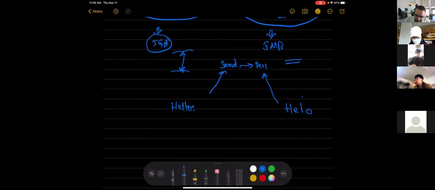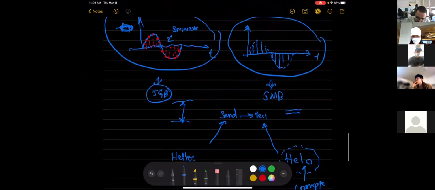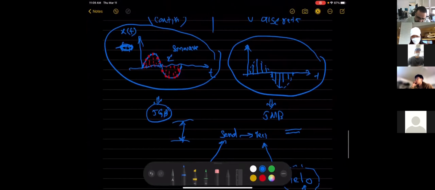Otherwise, if it is received with a single l, it means the signal is somewhere corrupted. And why is it corrupted? Because we have skipped some of the information. We were supposed to send something like this, but we sent something maybe like this, right? So some of the information is missing.